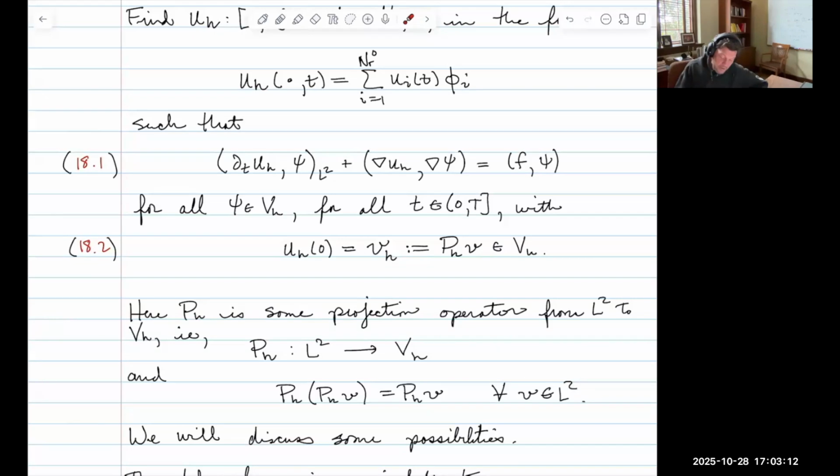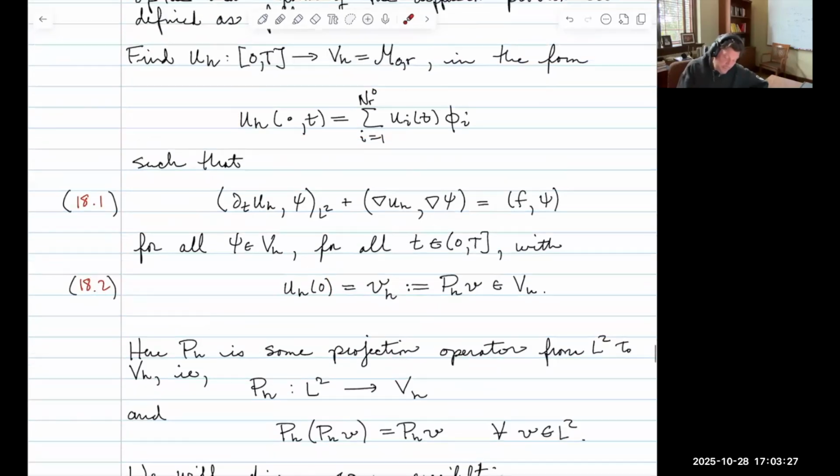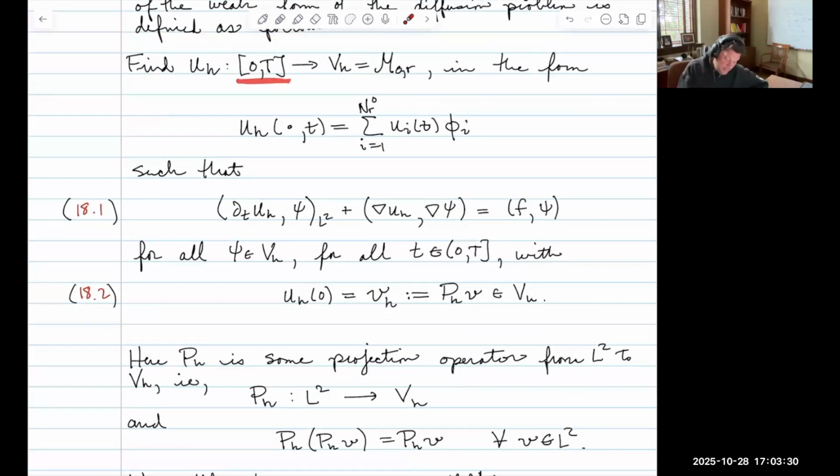And then all I'm going to demand, when I look for this solution, is its initial data. Remember, this is a family of functions in the finite element space, parameterized by the time parameter.